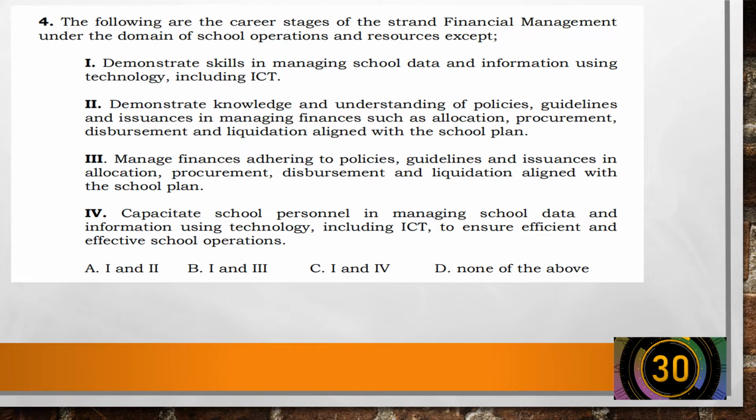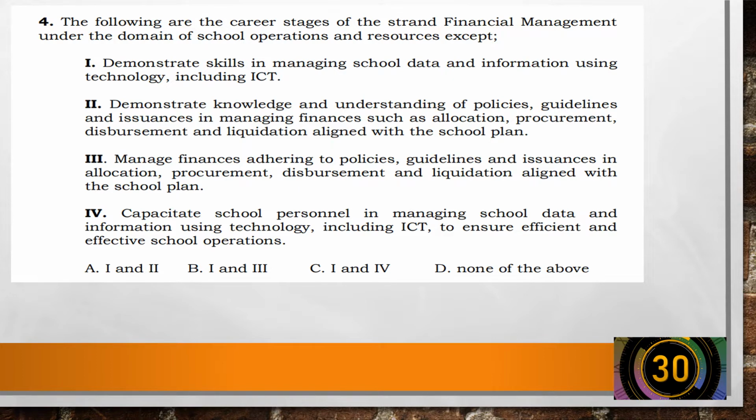4. The following are the career stages of the strand financial management under the domain of school operations and resources, except Roman numeral number 1, demonstrate skills in managing school data and information using technology, including ICT. Roman numeral number 2, demonstrate knowledge and understanding of policies, guidelines, and issuances in managing finances such as allocation, procurement, disbursement, and liquidation aligned with the school plan. 3.